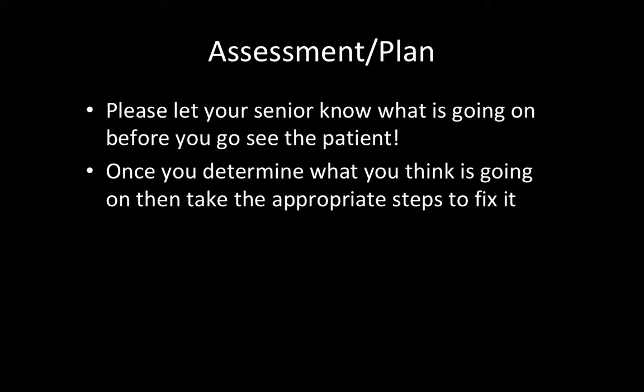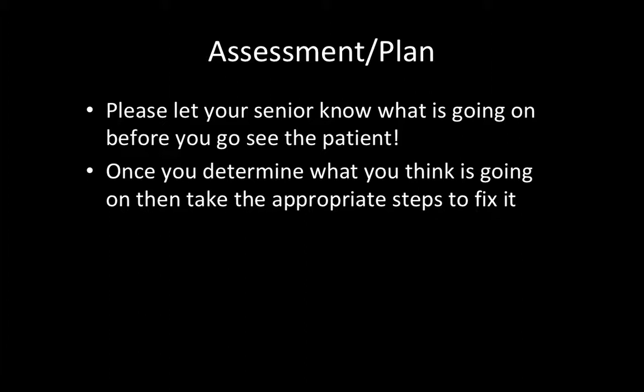After you've assessed the patient, I would recommend taking 1 to 2 minutes to think through your differential, what you feel should be done, and what kind of plan you want to do to help alleviate or change the problem. Then give your senior a call and say, hey, Mr. or Mrs. So-and-so is hypotensive and they're having some tachycardia. I think they might have acute blood loss anemia.